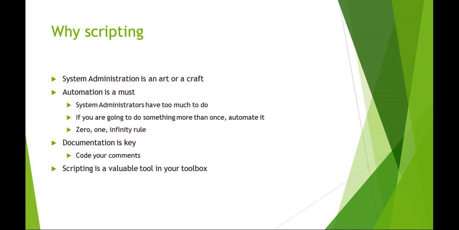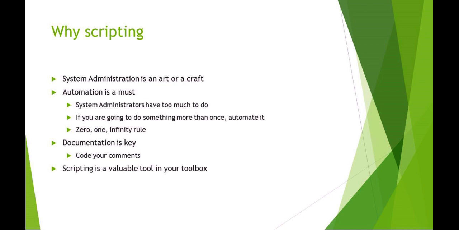So when looking at scripting, documentation is going to be absolutely key. Documentation is so critical when you're writing your script. The saying that I heard and really like is: don't comment your code, but actually write one line of code to go with all of your comments.